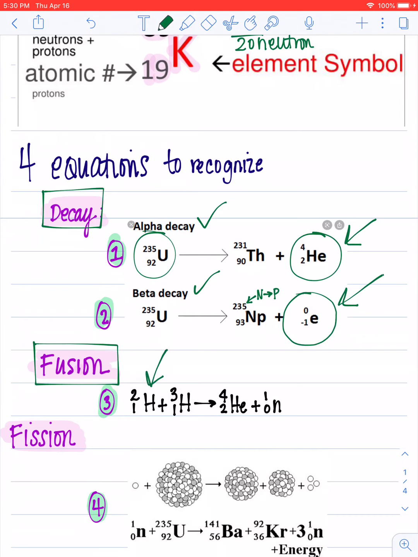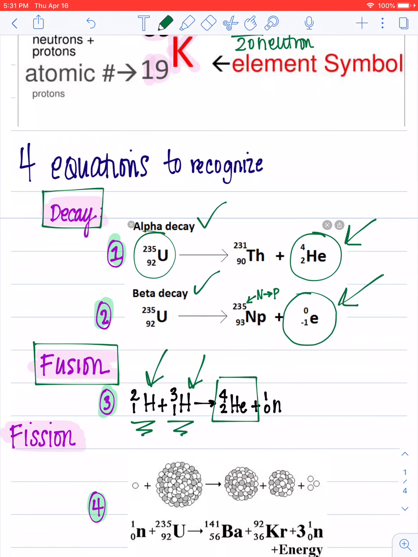For example, here we have deuterium and tritium, 2 isotopes of hydrogen that combine together to make a helium atom and bump off also a neutron. Don't be confused, this looks like a helium ion that was given off during alpha decay, but the key here is you have 2 smaller elements on the left-hand side of the equation fusing together to make the larger helium.